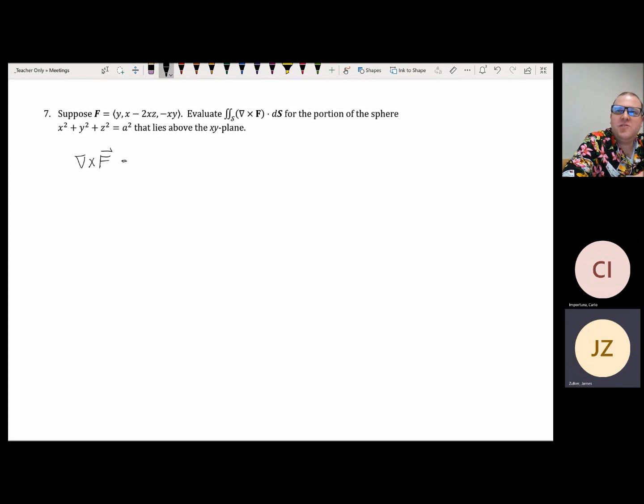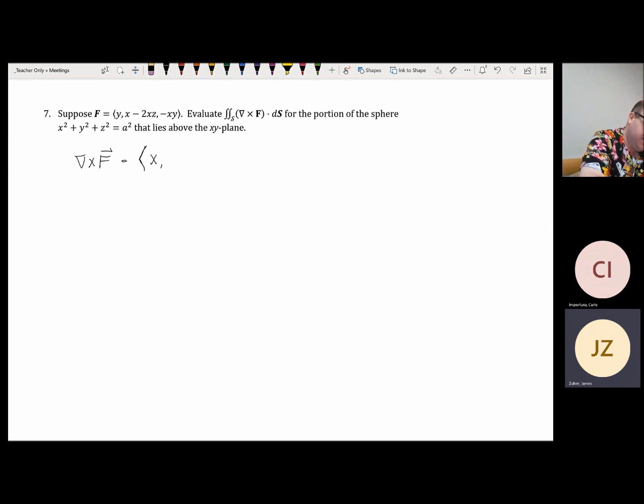First, let's find the curl. Partial y of the last component minus partial z of the second component. I'm just going to write that as x because it's 2x minus x. Partial z of the first component minus partial x of the third.